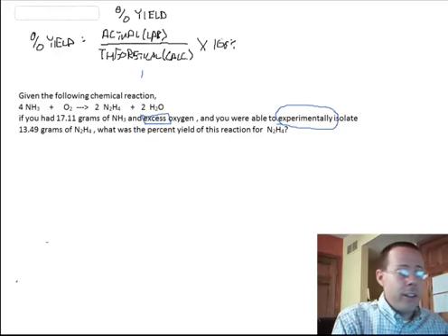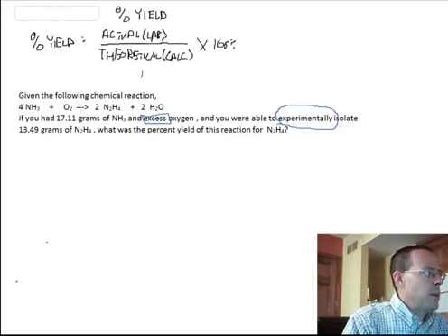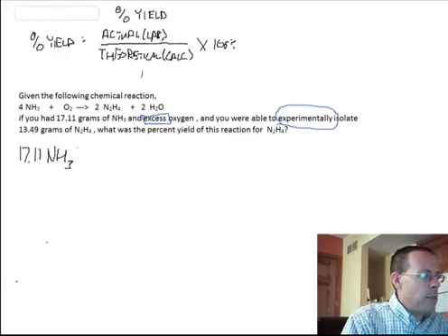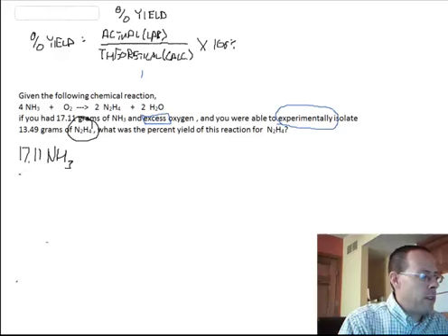So we need to calculate the theoretical value. And notice I just said calculate. So we're simply going to do a stoichiometry problem, and we are starting with 17.11 grams of NH3. We need to change this into grams of N2H4, because we know how much we got from lab. We need to find out how much we could theoretically make.